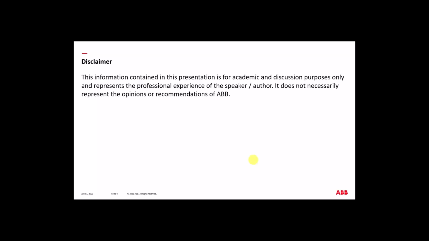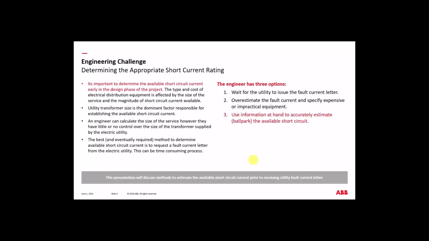So with that, let's move on. The whole purpose of this presentation is to help the consulting engineer figure out what to rate his equipment in terms of short circuit rating from the very beginning of a project. So you may not have a lot of information, and you never do. You got to start drawing stuff.